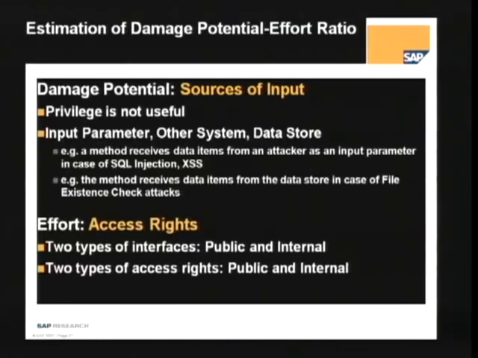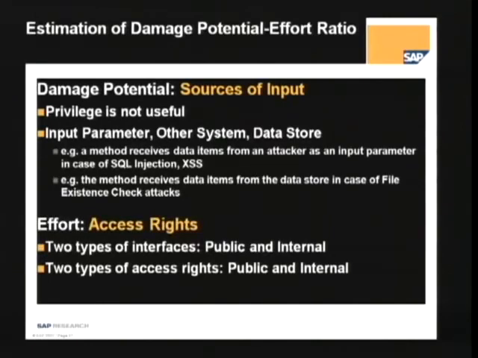But in our case, privilege was not useful, because the entire service was running with the privilege of the application server on which the service was running. So we didn't have fine-grained privileges. That's why we had to think about what we should consider when we measure the attack surface of the application. So we looked at the sources of input.